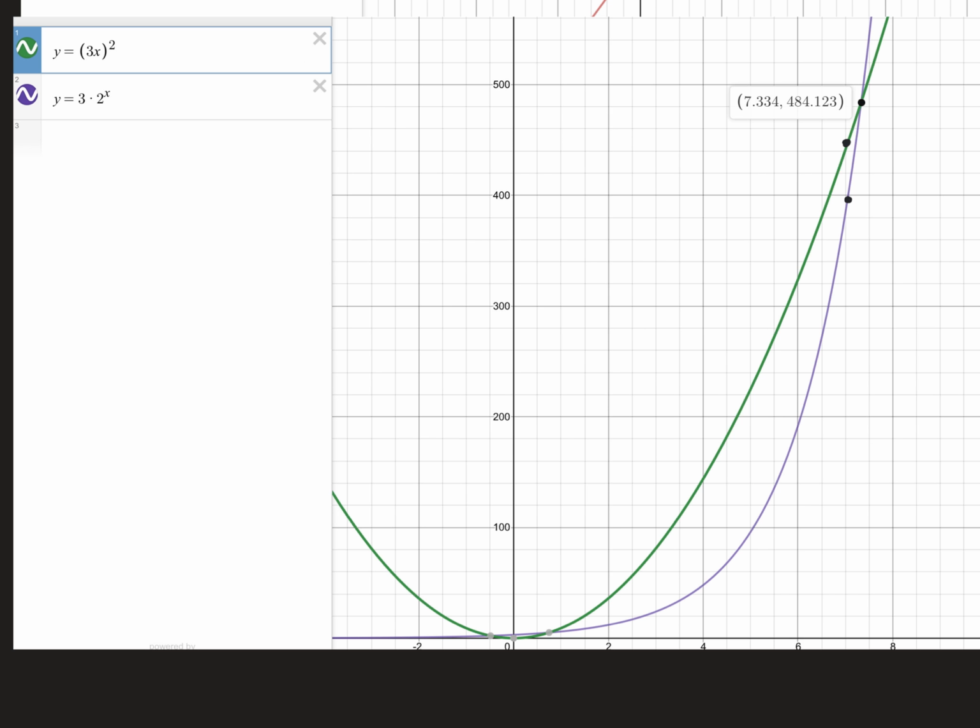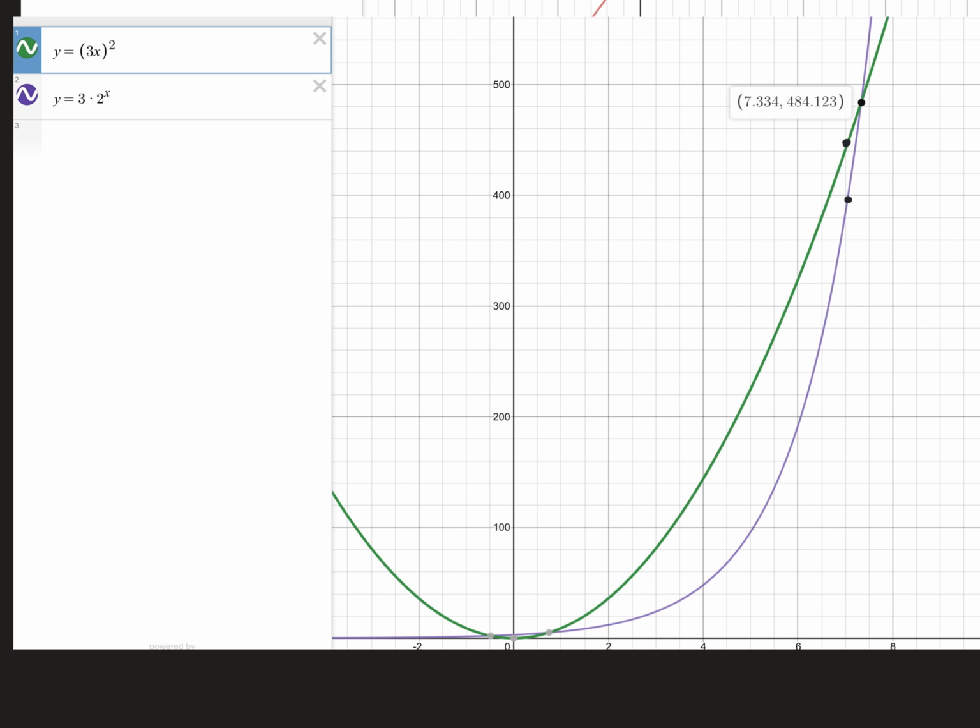And we can see that the green, the quadratic, still has a higher value than the exponential curve. But if we go out just a little bit further, just over 7 years, we start to see that's where those 2 graphs would intersect. And then after that, your exponential function is going to have a higher value than your quadratic.